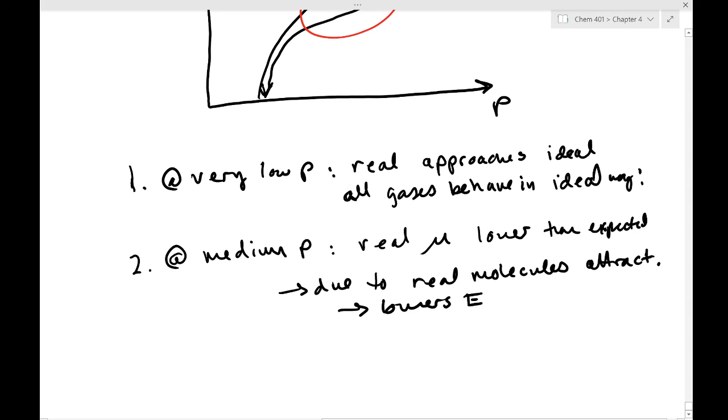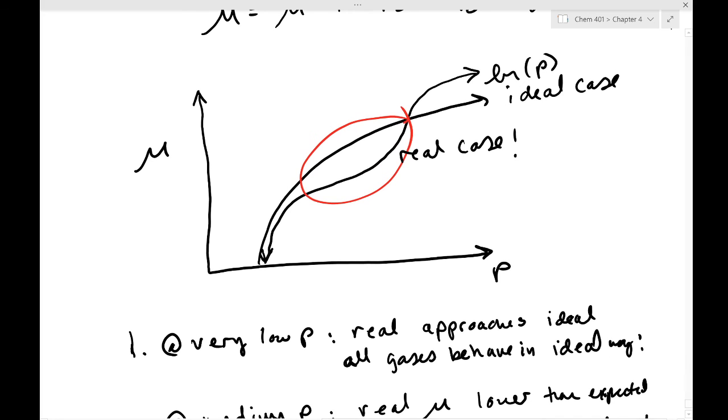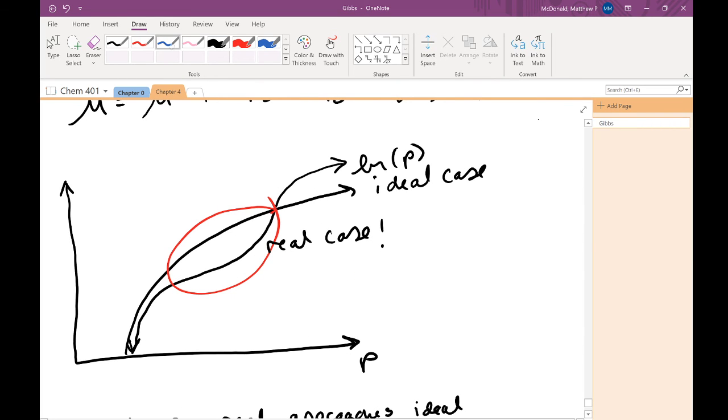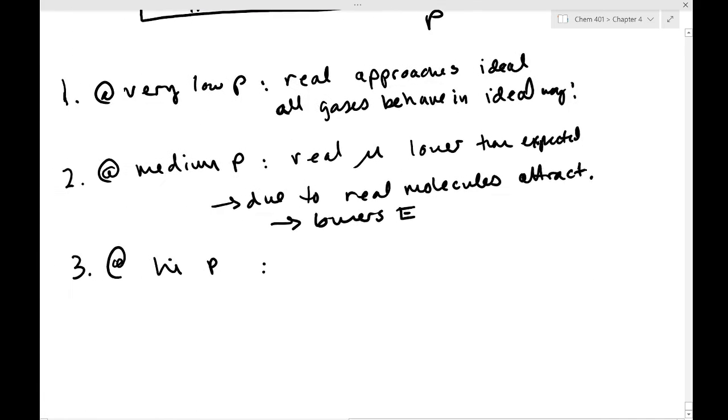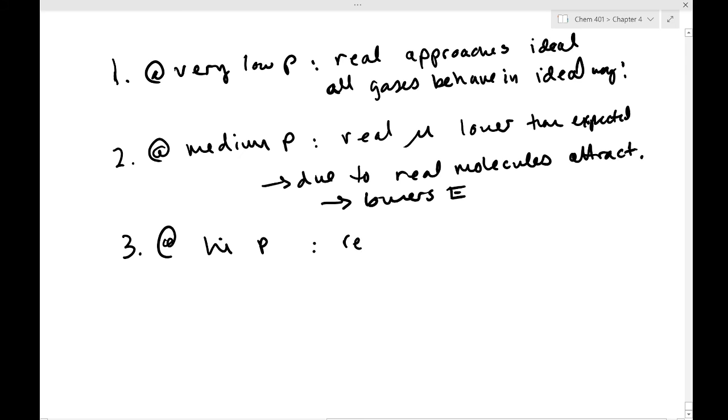And then there's a third part of this graph at high P, and this is the region up here. At high P, the real chemical potential is higher than expected.